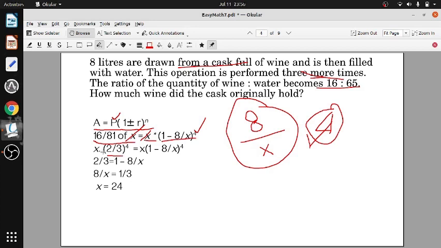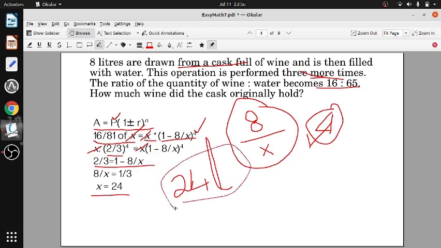X and X will cancel, and power 4 and power 4 will also cancel, so we get 2 by 3 equal to 1 minus 8 by X, or X equal to 24. So 24 liters was the capacity of the total cask, the total container.